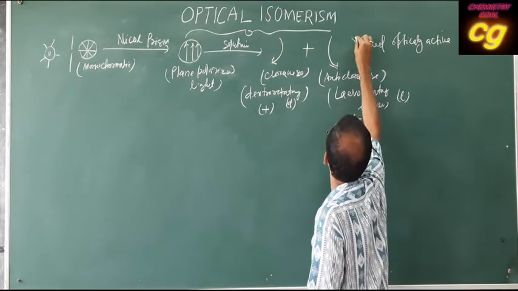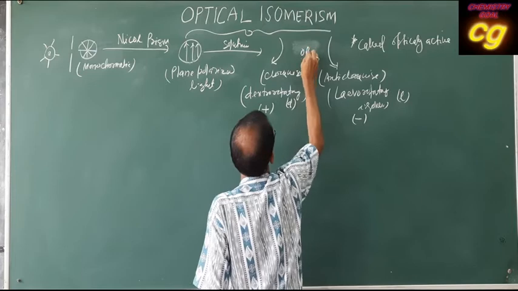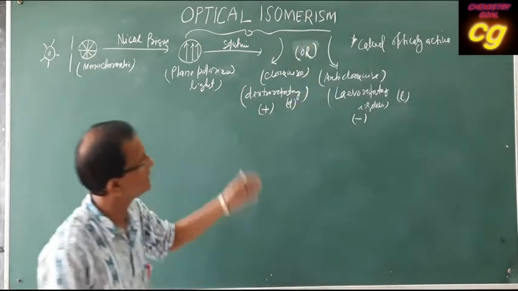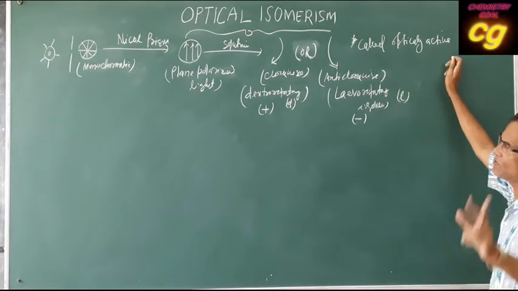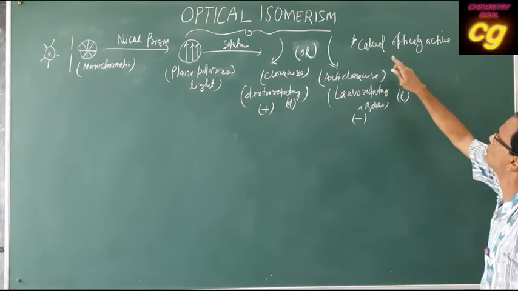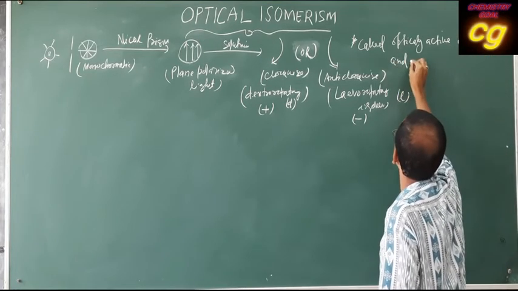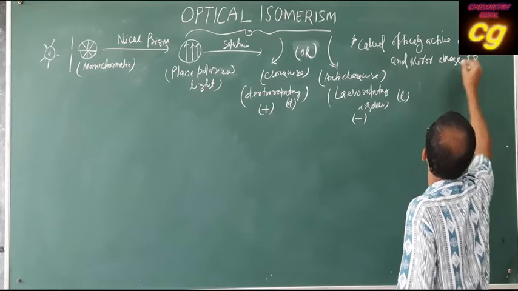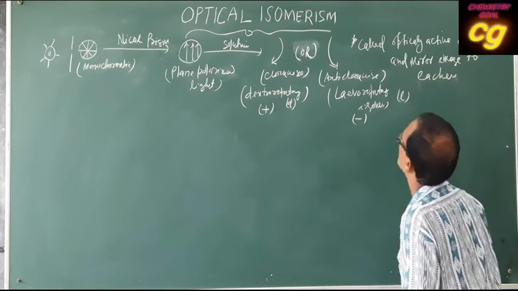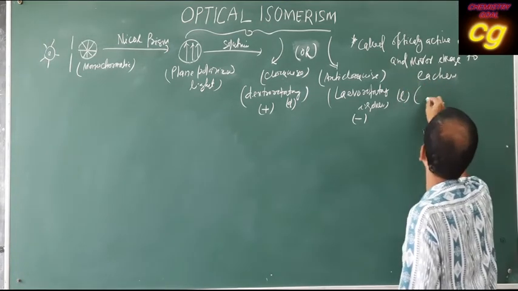Optically active means either clockwise or anti-clockwise rotation. These optically active isomers are mirror images of each other. That's why they are called enantiomers.